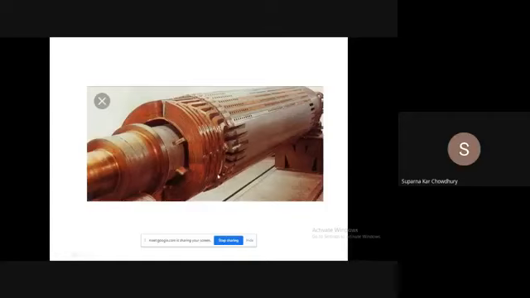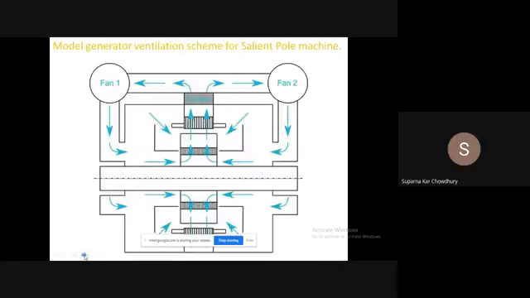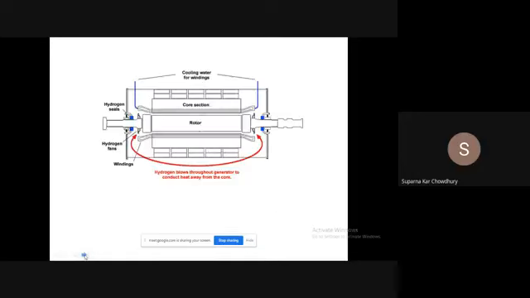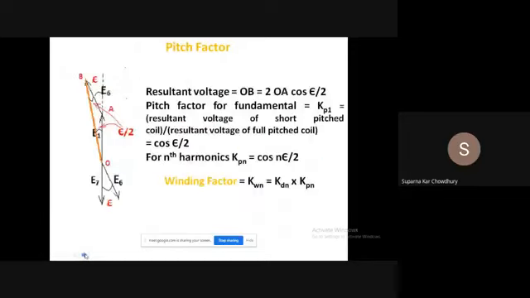When you are making the connection from this conductor to this, this copper portion is outside the armature iron. So these are the overhang portion. If we have a short pitch coil, then copper overhang reduces. So normally for large machines, we will have distributed winding and normally short pitch winding. It is universally used.